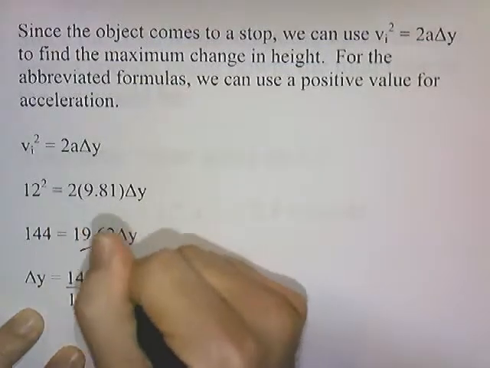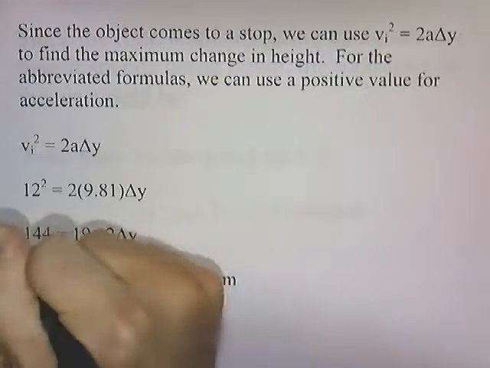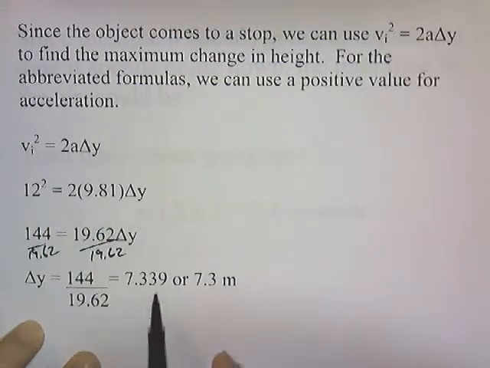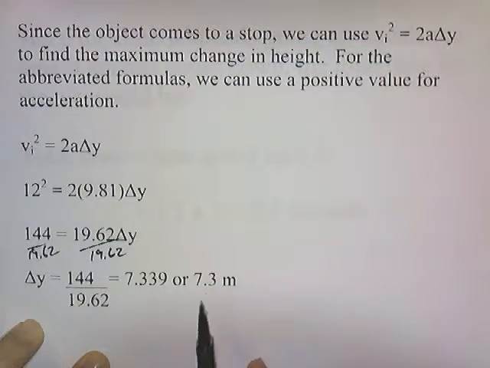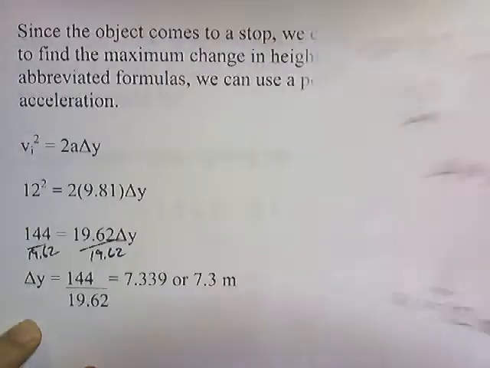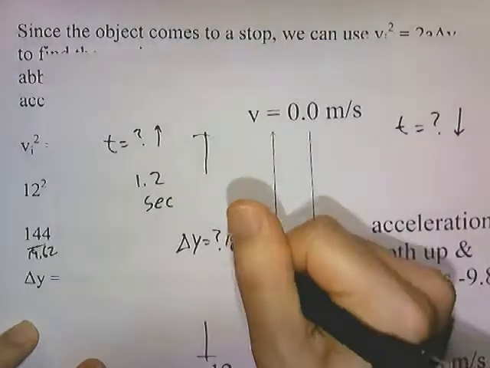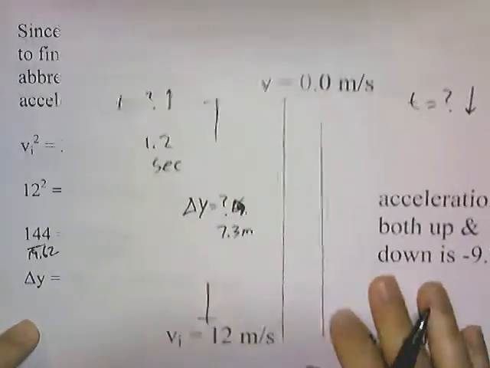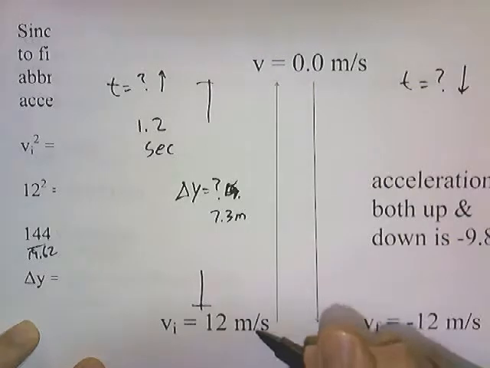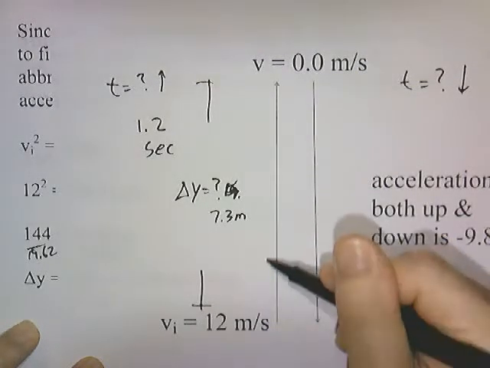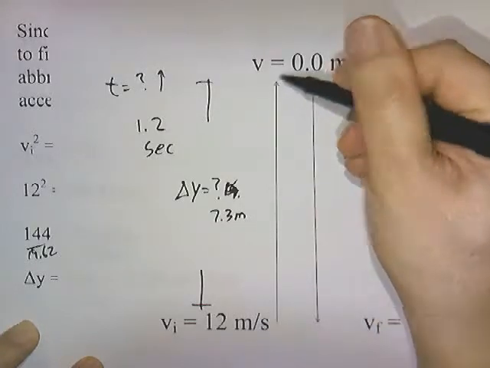You divide both sides by 19.62 and you get 7.339, or 7.3 meters. So this height is 7.3 meters. If you let go and it has an initial velocity of 12, it will reach a height of 7.3 meters before it comes to a stop.